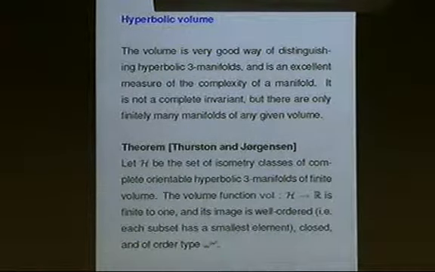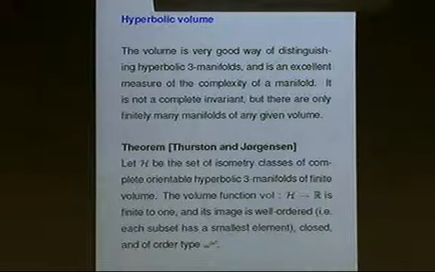Now, I wanted to start off with a couple of basic results. These go back to Thurston and also some of these to Jorgensen. You could ask, what does the set of all volumes of hyperbolic 3-manifolds look like? It turns out it's a very interesting picture.